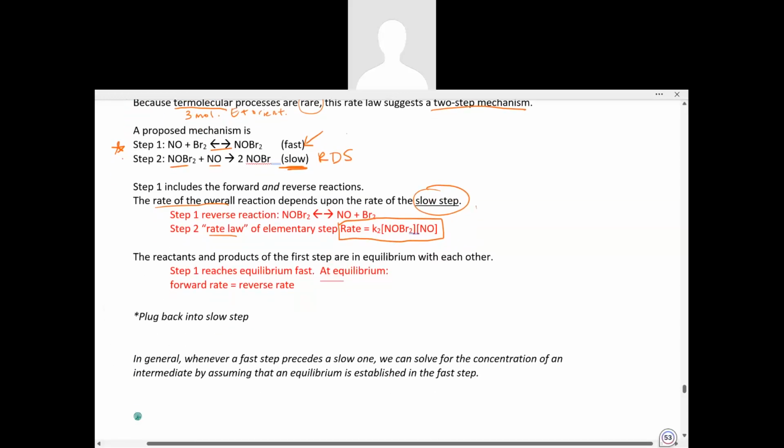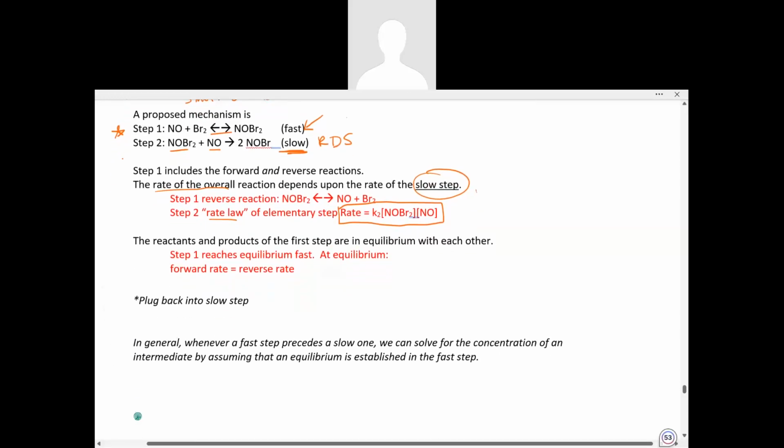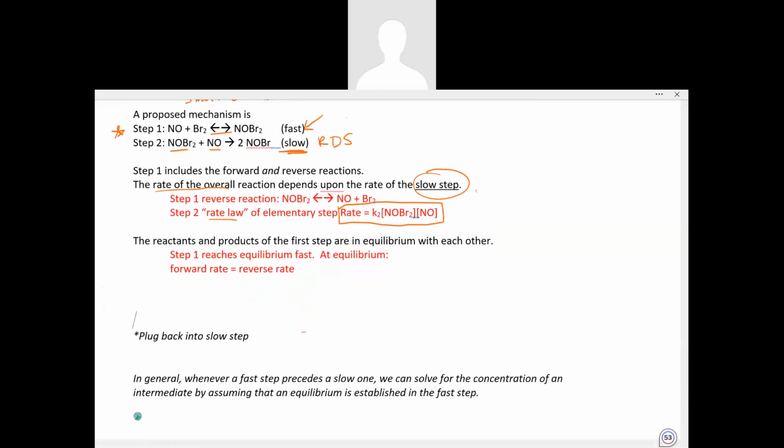So because we have a reversible reaction reaching equilibrium on our fast step, and again, we note that the forward rate equals the reverse rate at that time, we can actually plug in and solve for the intermediate NOBr2. Because we know that an intermediate does not last very long, and it cannot be included, therefore, in our rate law.